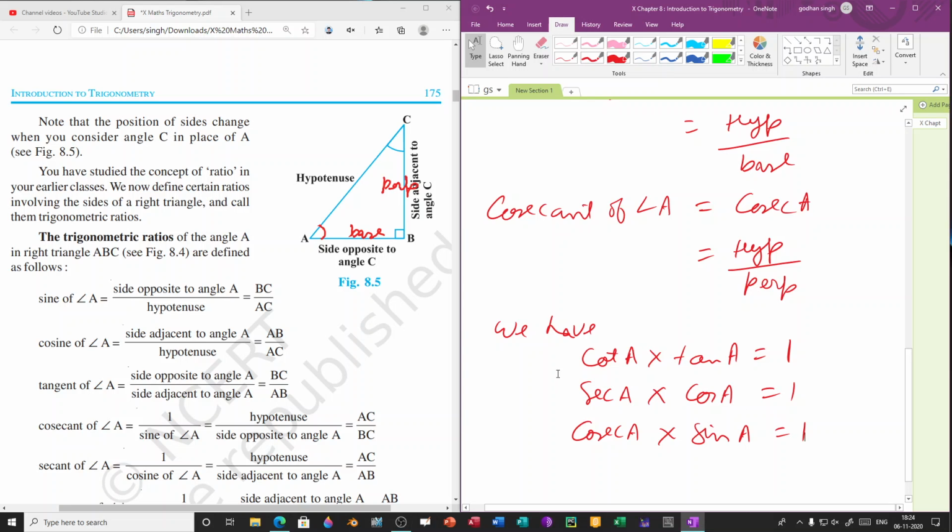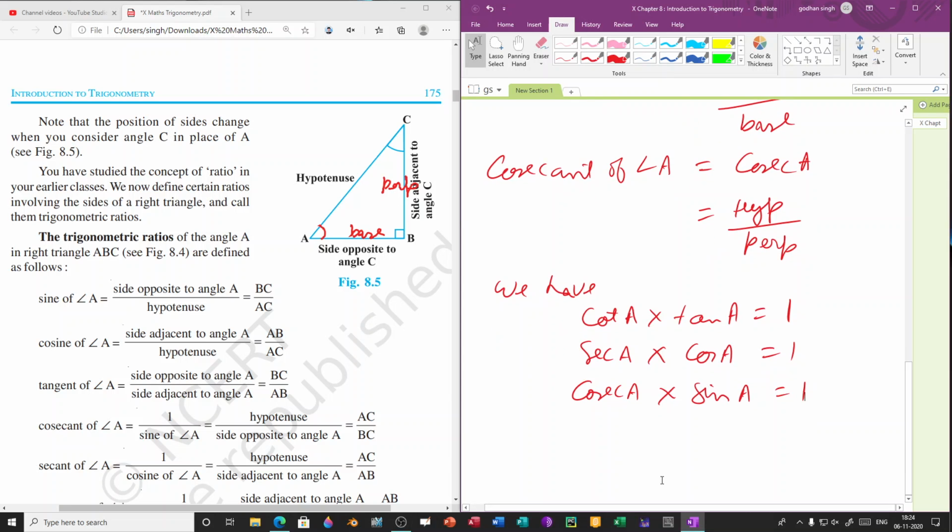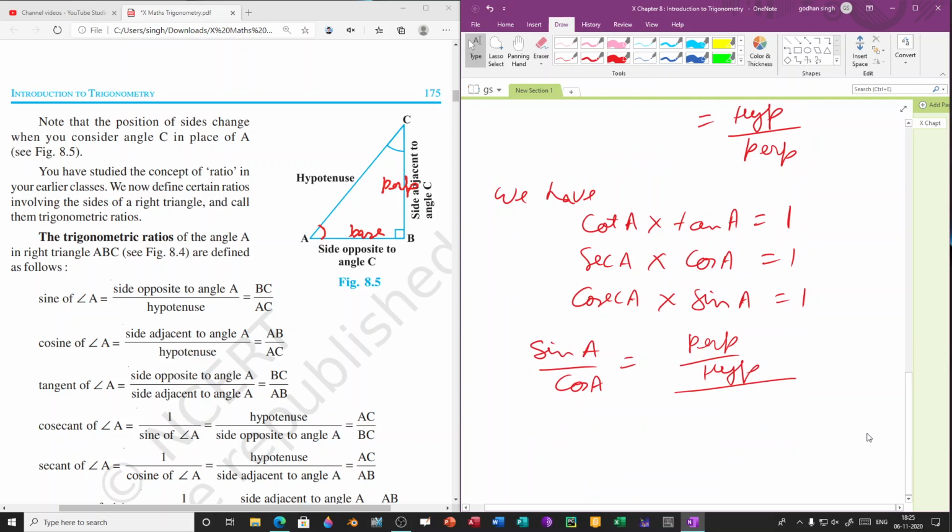And one more we can see. Let us find the ratio of sine A over cos A. So what is sine A by cos A? Sine is defined as the ratio of perpendicular over hypotenuse. So sine A is perpendicular by hypotenuse, divided by cos A, which is base over hypotenuse.